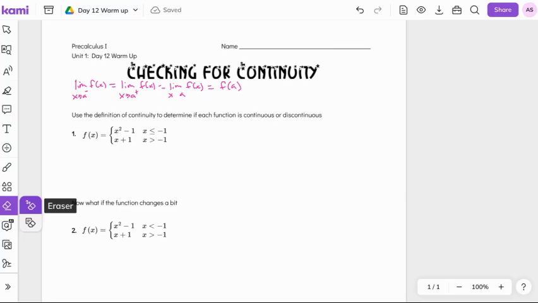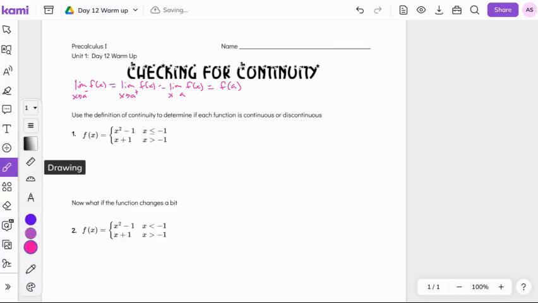So in order for us to determine whether something is continuous or not, we first always have to identify the left-hand limit and the right-hand limit.